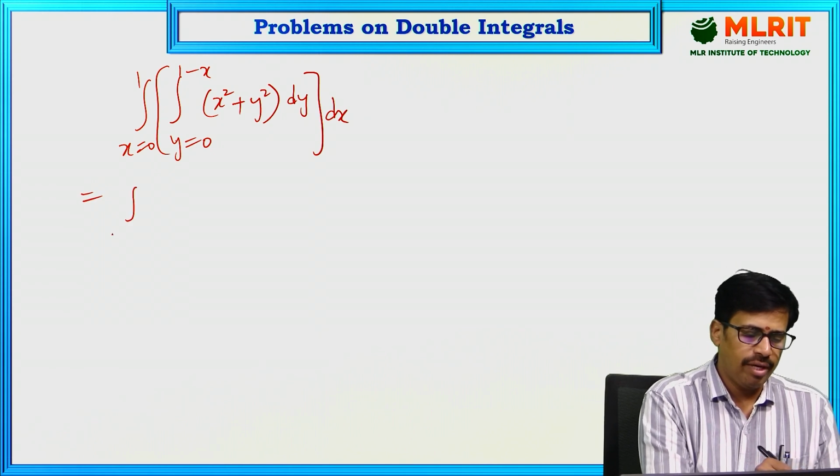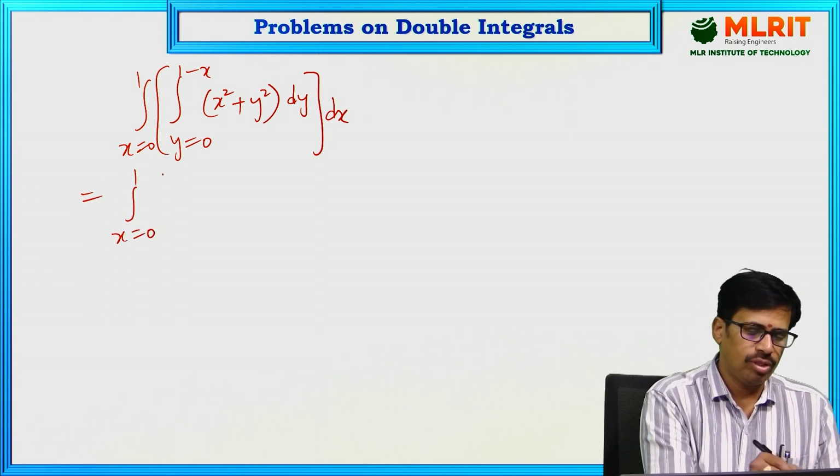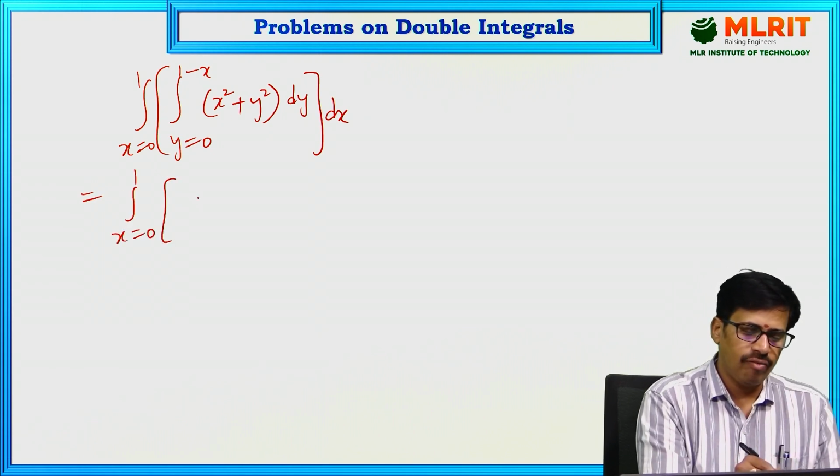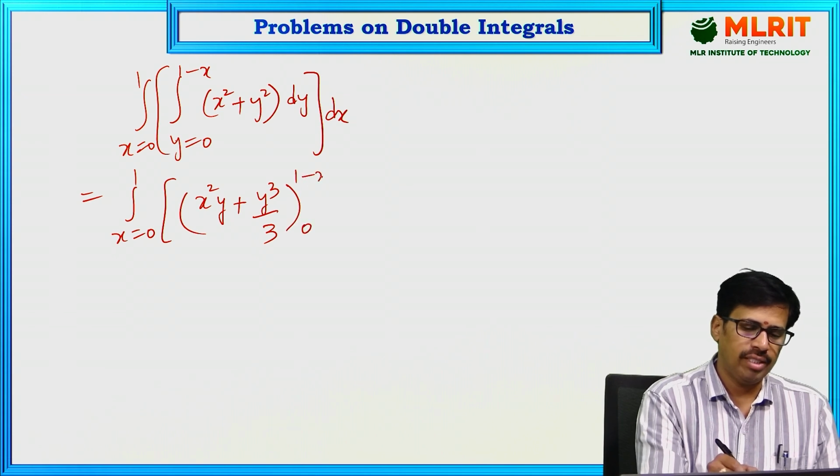So this can be written as x equal to 0 to 1, x square into dy is y plus y square dy is y cube by 3. Limits are 0 to 1 minus x dx.